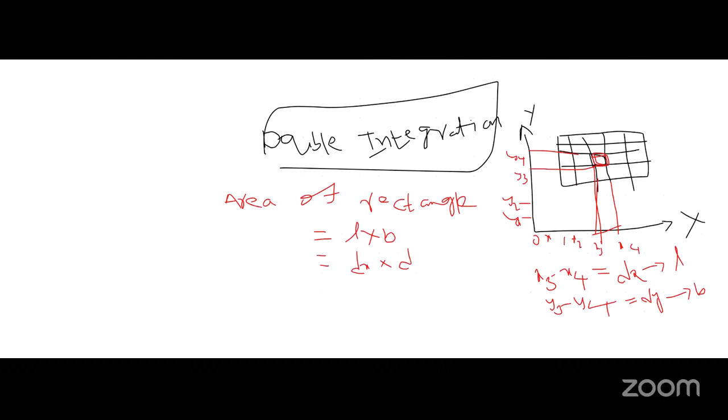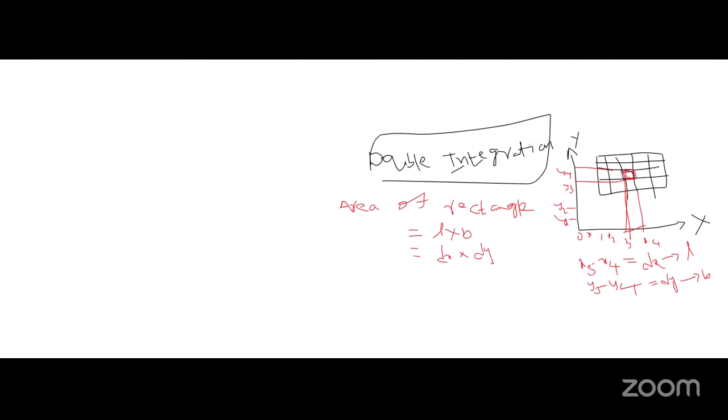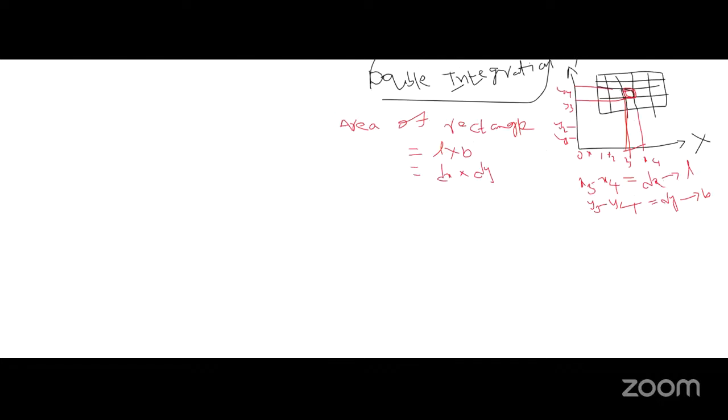So this is only one part's area of the rectangle. But we need the complete area of the rectangle, no? So for the complete area, we have to do summation.